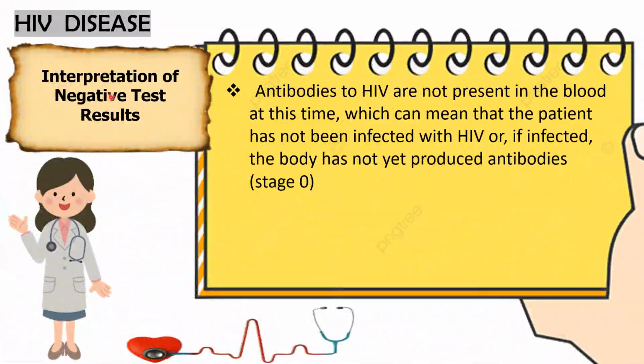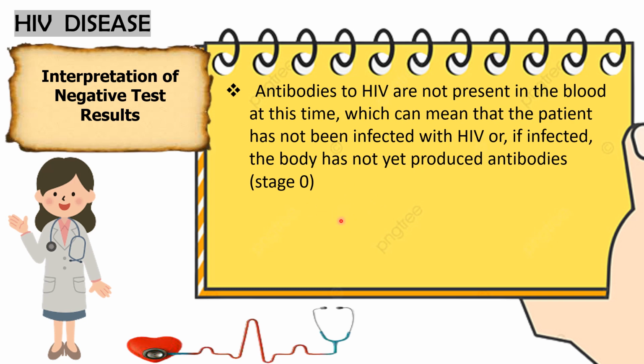Moving on to the interpretation of negative results. This means that the antibodies to HIV are not present in the blood at this time, which can mean that the patient has not been infected with HIV, or if infected, the body has not yet produced antibodies. So this means this is still in stage 0.